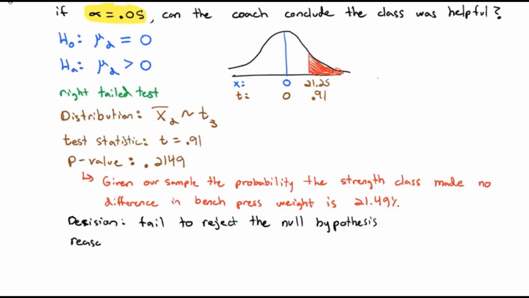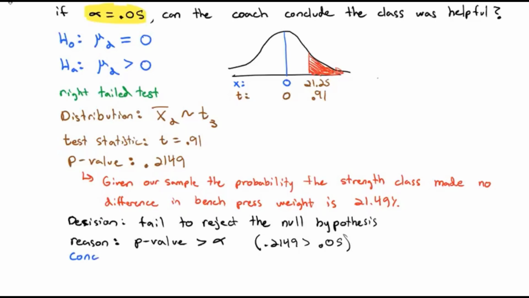And the reason for that decision is the p-value, the probability that the null hypothesis is true, is greater than alpha, which is our decision break. With numbers, 0.2149 is greater than 0.05.